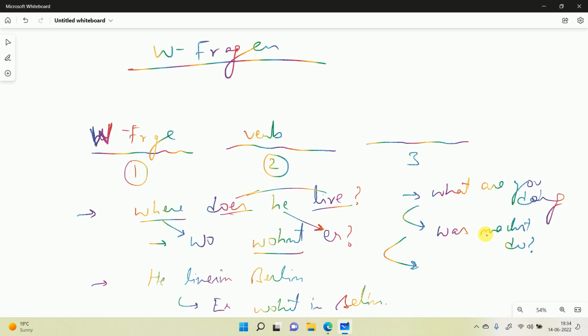Karthik, can you give it a try in formal language? Ja, was machen Sie? Perfect. Was machen Sie? By the way, make sure that you always put a question mark at the end because you are asking a question. Okay? Ein paar mehr Beispiel.